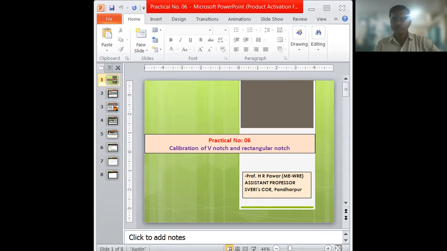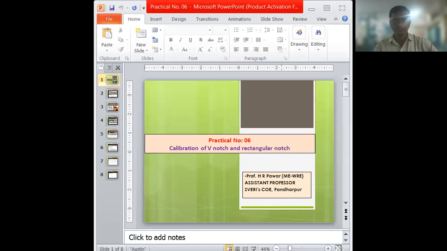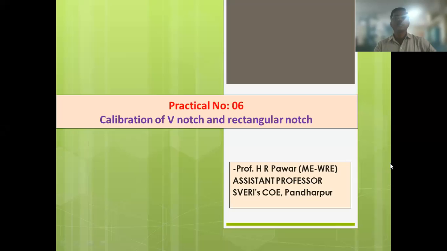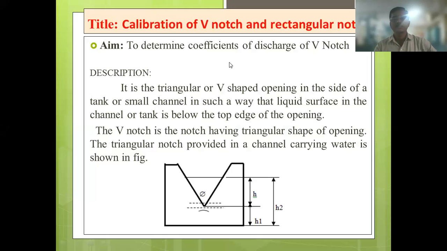As per syllabus, this is practical number 6, calibration of V notch and rectangular notch. So write down the title in your notebook.